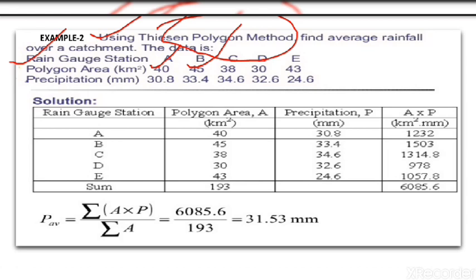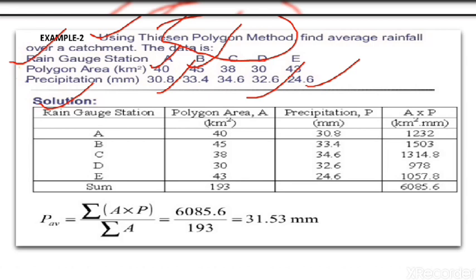The corresponding precipitation in millimeters is also given: first 30.8, then 33.4, 34.6, 32.6 and 24.6. I have solved this problem in tabulation form.